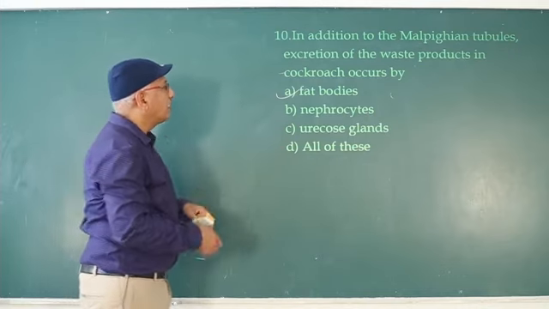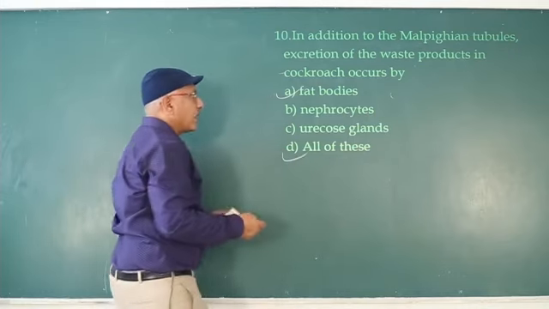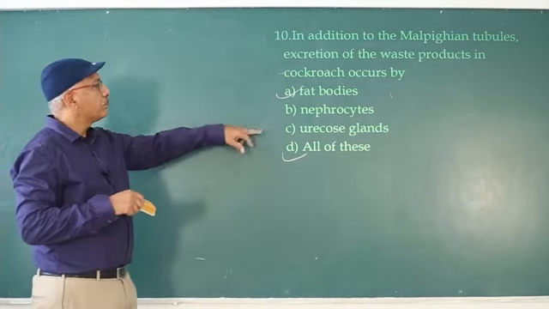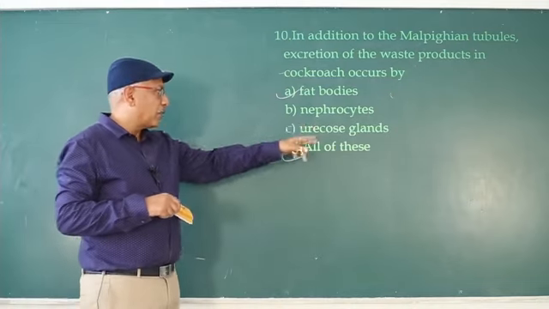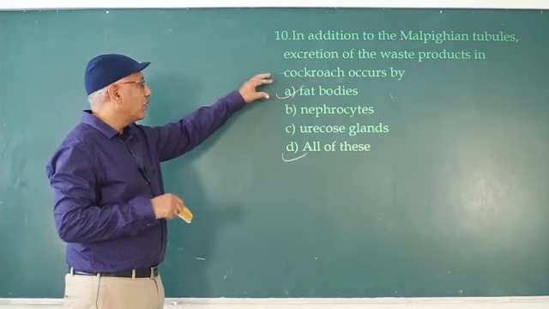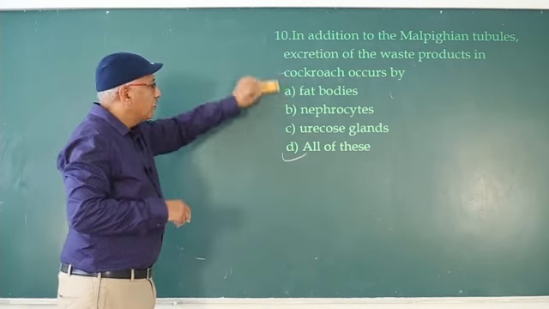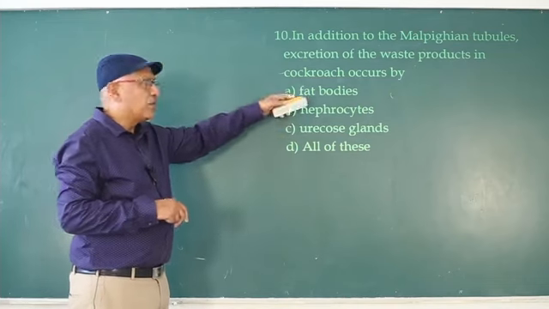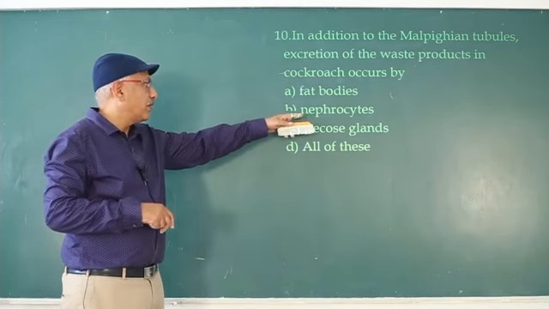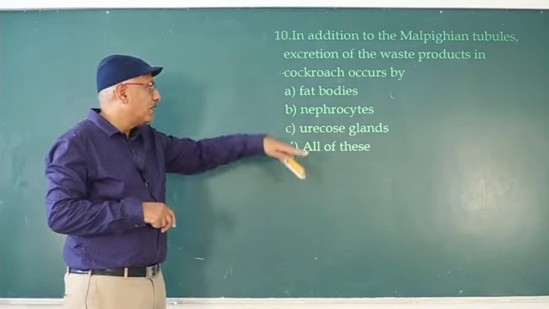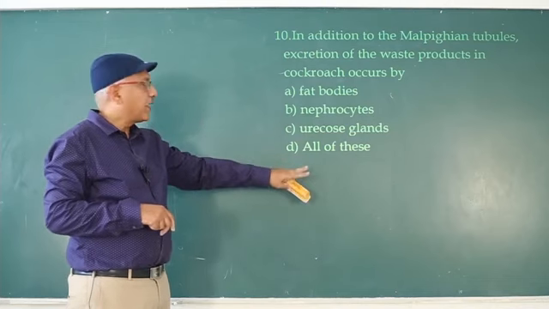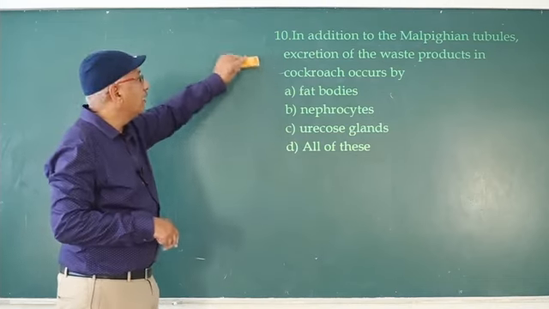So all of these. Uricose glands are only in male, they are present only in male cockroach. So here answer is all of these. Fat bodies contain urate cells, nephrocytes, uricose gland, all responsible for excretion. So answer is all of these.